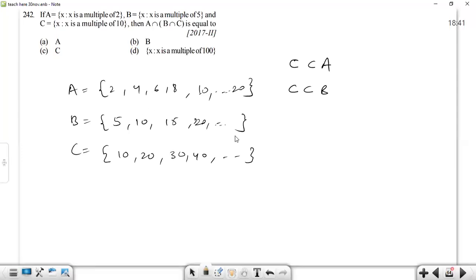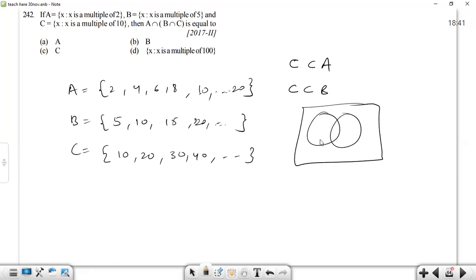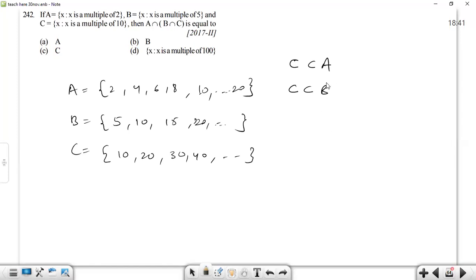So we can draw the Venn diagram, and there are also some elements common in A and B. Sorry, my mistake, A and B are the bigger sets, so C is inside. First, let's find out what we have to find.